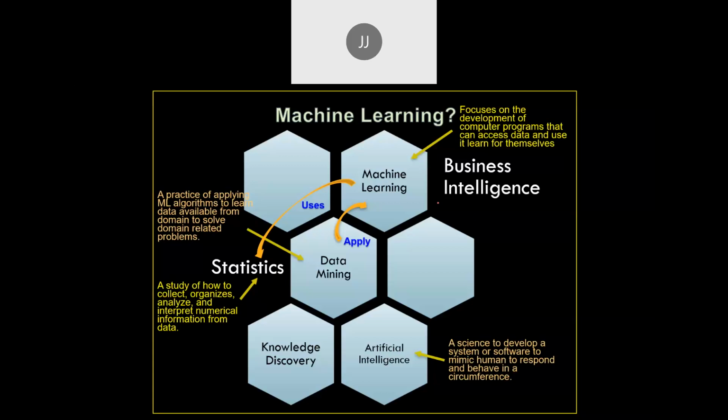So AI is an umbrella that covers machine learning, because machine learning is a program that we develop to learn the data. So learning is a process in machine learning. For that reason, machine learning is a subset of AI, because in general, AI is a science to develop a system to make human intelligent. So we can say that machine learning is a subset of AI.